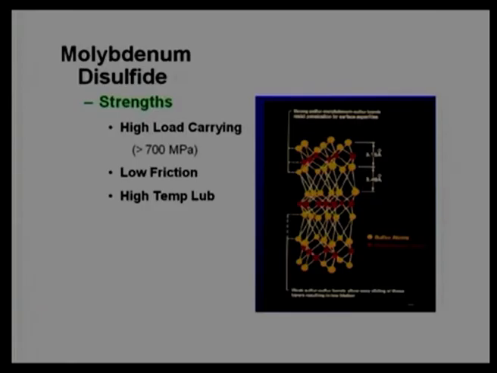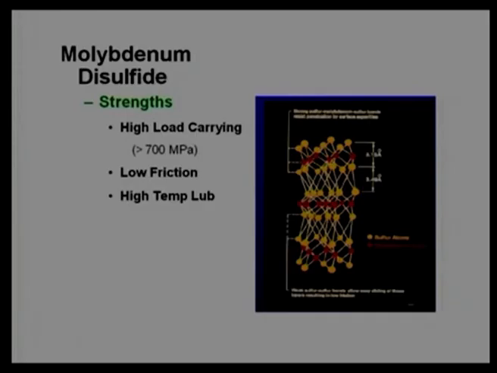And their shear strength will be weaker in the tangential direction because of that. So, they can sustain compressive load, but shear strength is very low, so layers can be removed one by one from the bulk material. Molybdenum disulfide can sustain even 700 megapascal compressive strength.